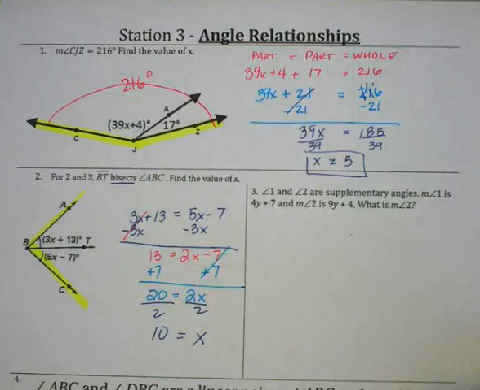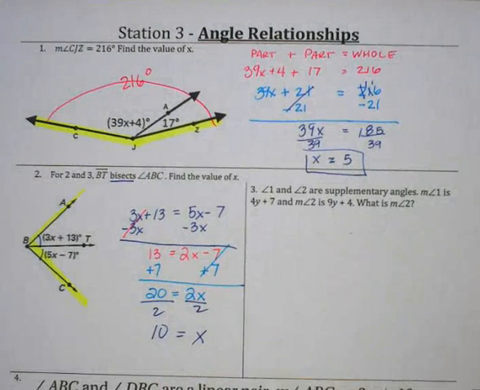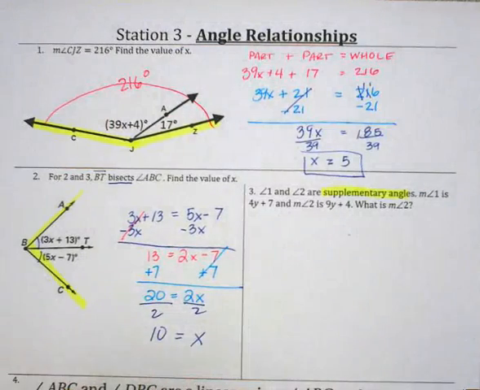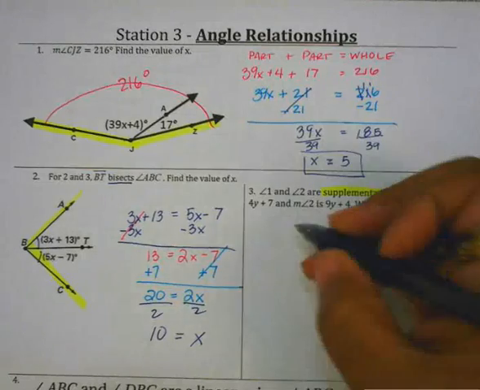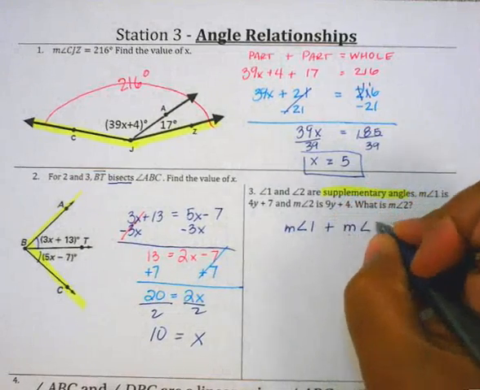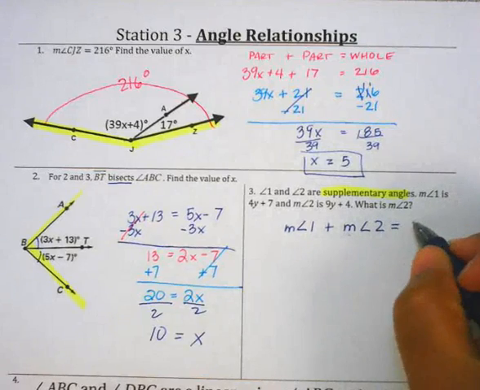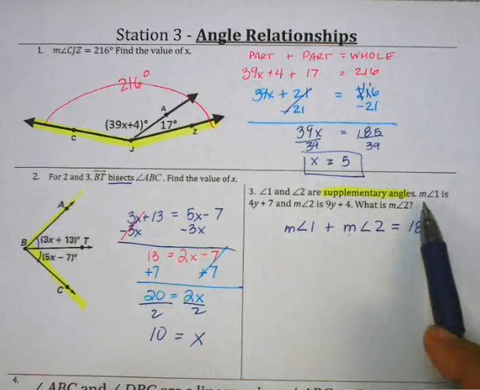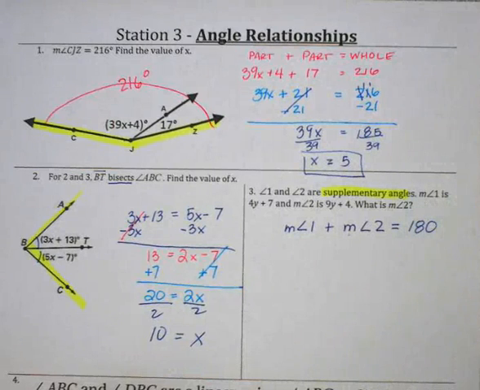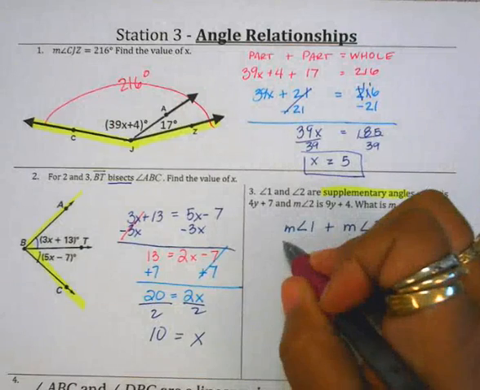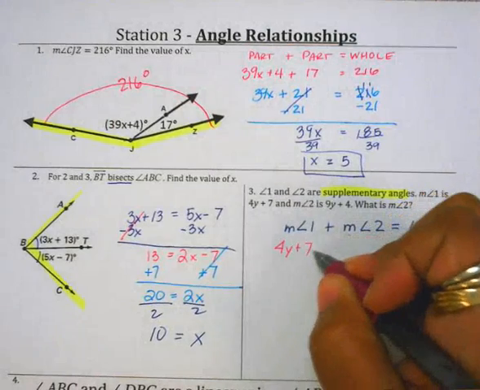All right, number 3 reads, angle 1 and 2 are supplementary angles. And we know that means then the measure of angle 1 plus the measure of angle 2 has to equal 180. That kind of helps me to write that right away. If I know that the measure of angle 1 is 4y plus 7, I'm going to substitute that value in, 4y plus 7.